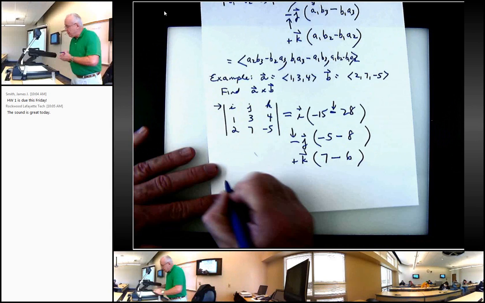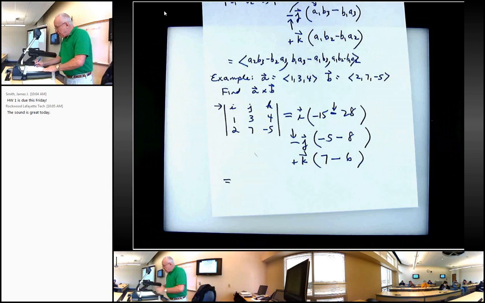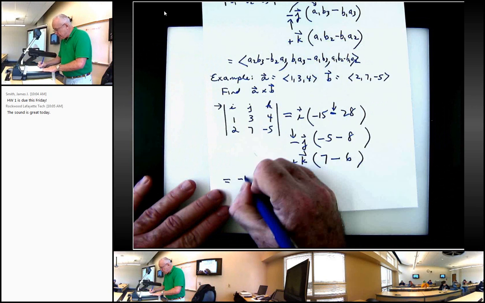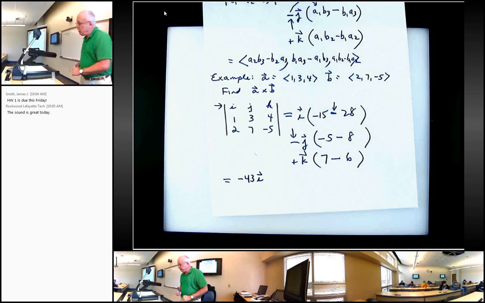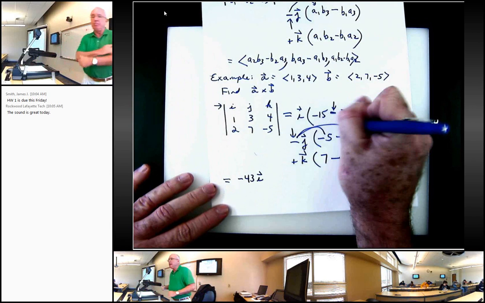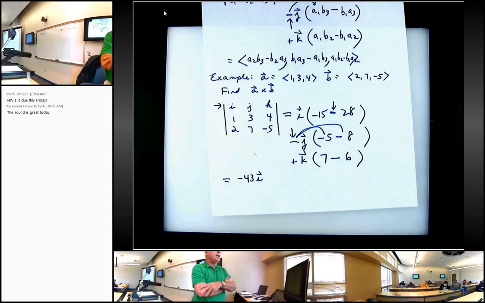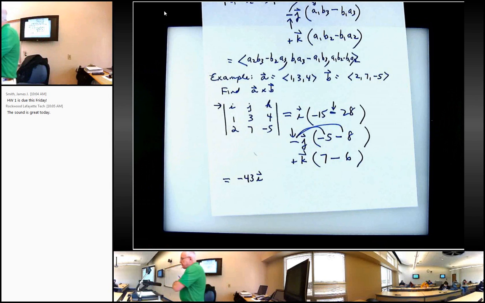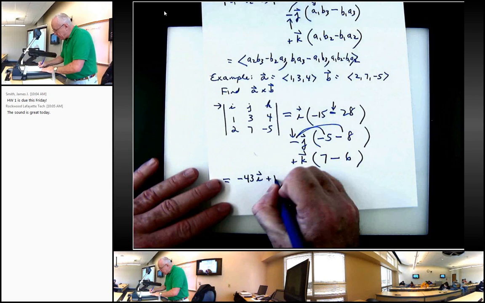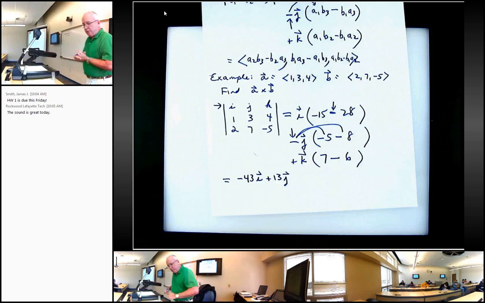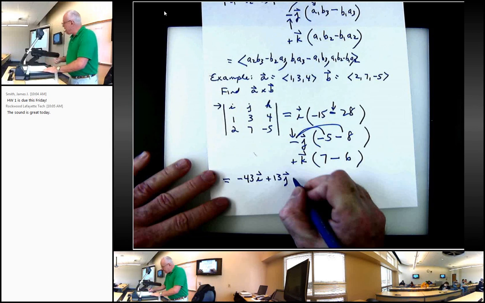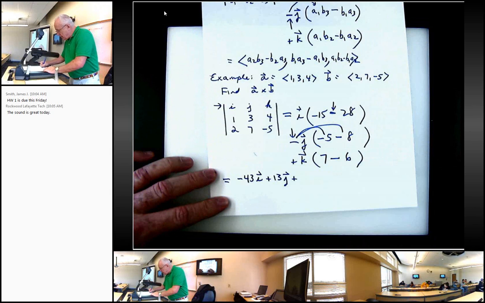So this ends up equaling what? 15 and 28, that's minus 43 times the I vector. Now be careful here, we've got that minus in front of the J, so we've got to distribute that. So that's going to be a negative, negative 13, a double negative. I have positive 13 times J. And then we have 7 minus 6 is 1 times the K.